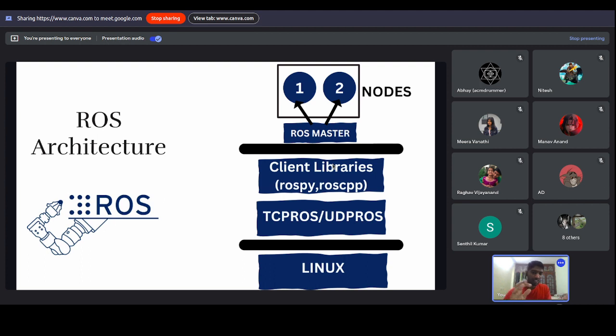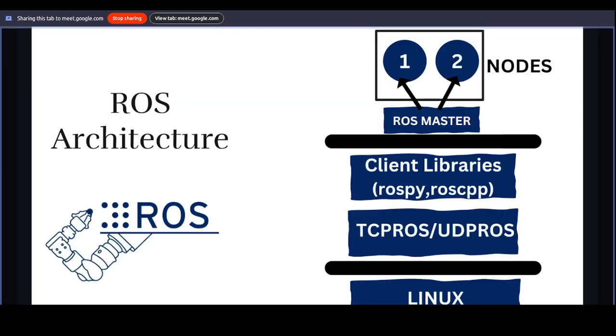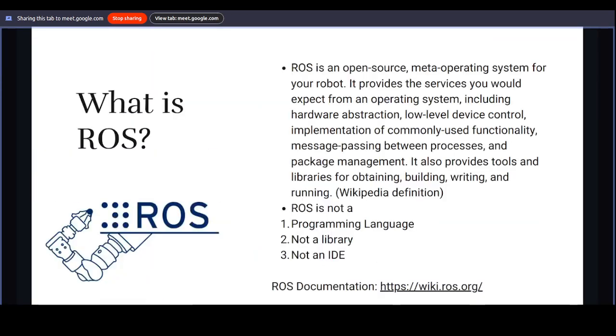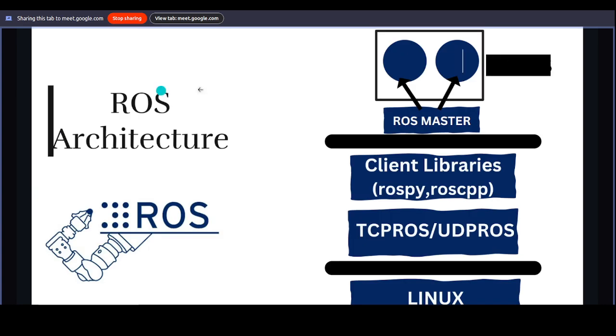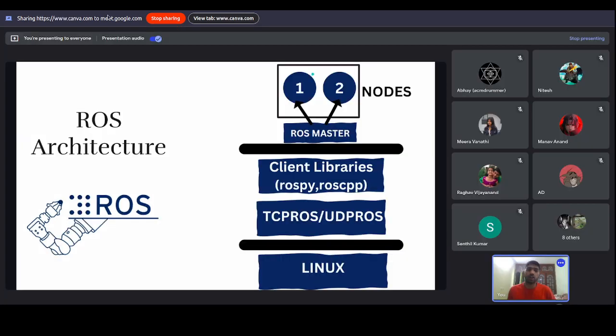Simple. And the last part, but the most important part for ROS in its architecture, is a base Linux system. Remember I called ROS a meta operating system, and it is not exactly an operating system. Why did I say that? That's because it is based on Linux.